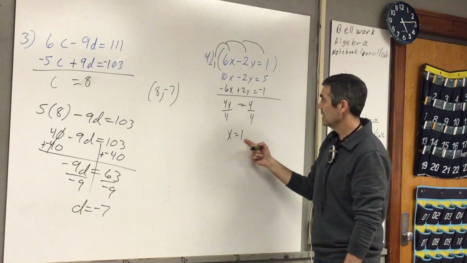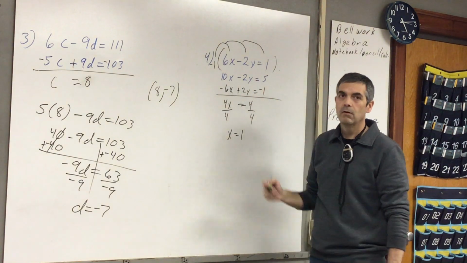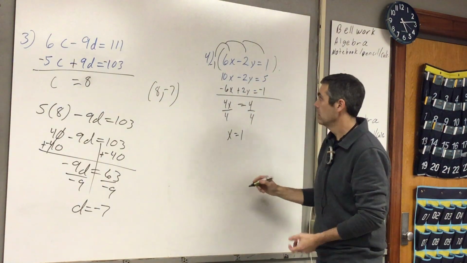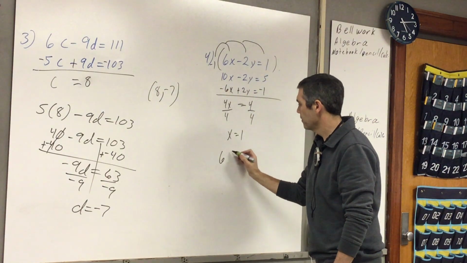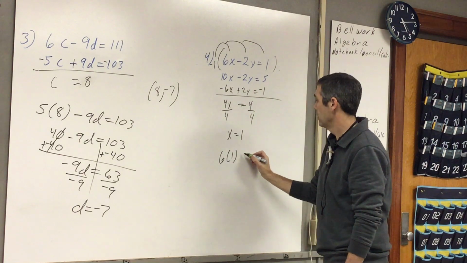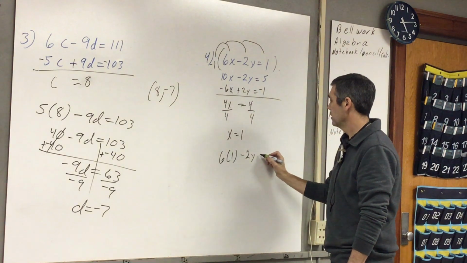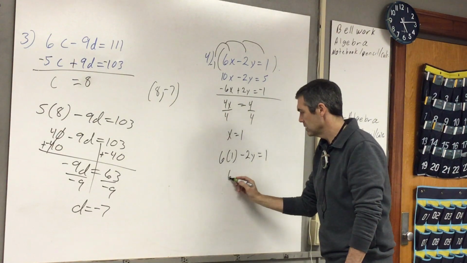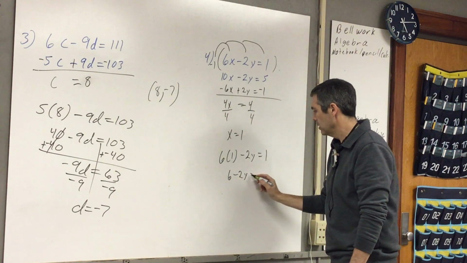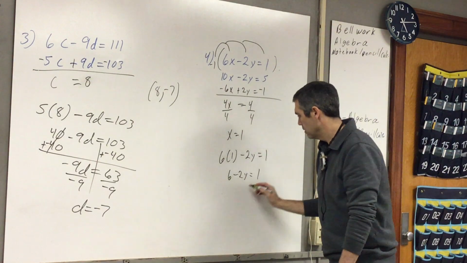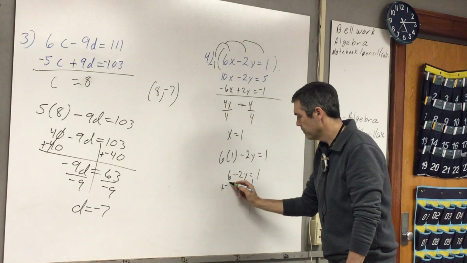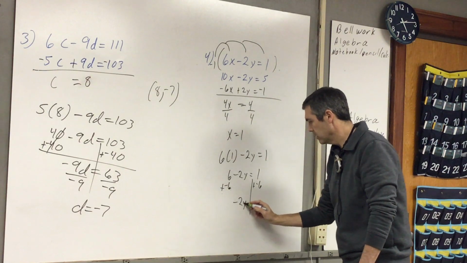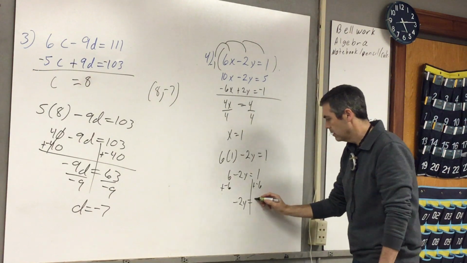Now I get to take the 1 and substitute it in for x. And again, it doesn't matter which one you do that with. So here, 6 times 1 minus 2y equals 1. So that gets us 6 minus 2y equals 1. Add the inverse here. That gets me negative 2y equals negative 5.